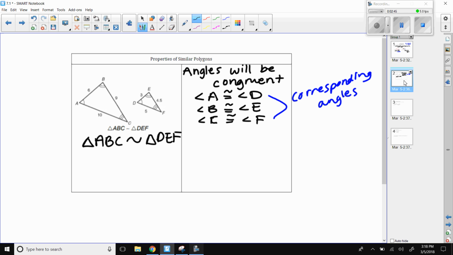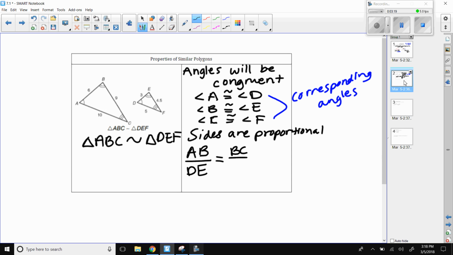But our sides are going to be different. And our sides, we call them proportional to one another. So they're not the same, but you can create proportions. We can create some ratios out of them, and you want to match them up just like we did before. So AB is going to go with DE, and that's going to be equal to, for our proportion, BC over EF.